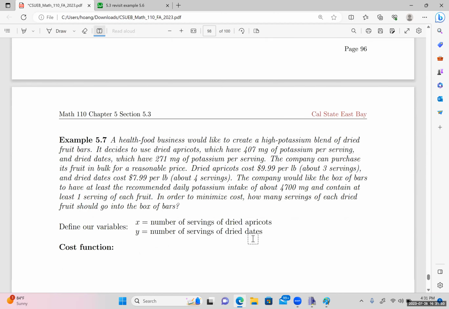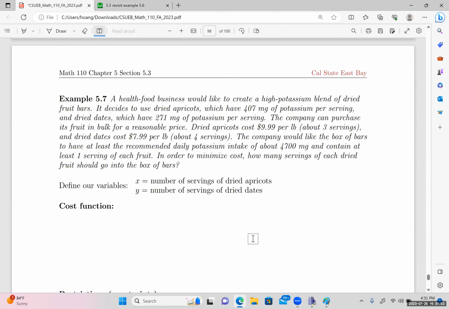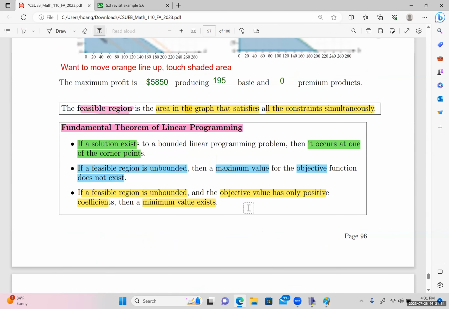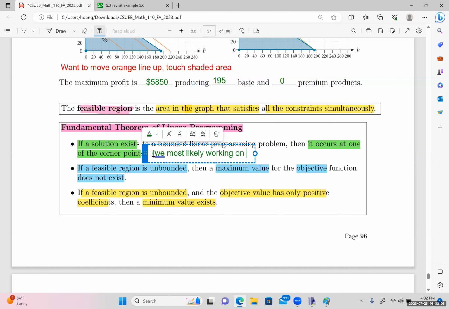Okay, so now we move to example 5.7. Actually, you know what? Before moving to that, I would say we most likely are working on this case in this class.